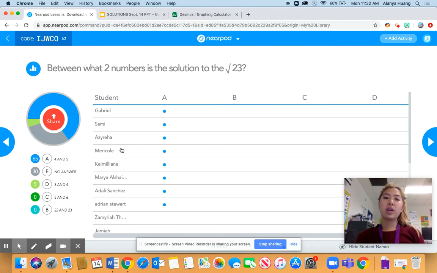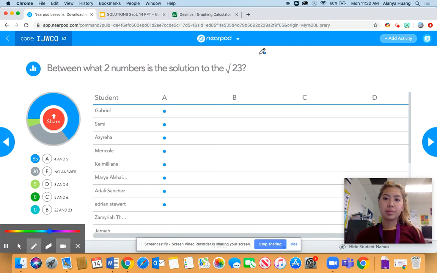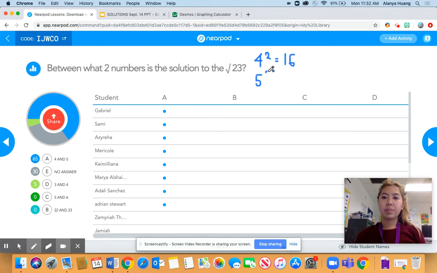Since 4 squared is 16, and 5 squared is 25, the square root of 23 would actually be between 4 and 5.